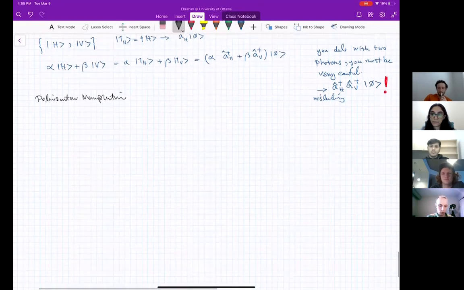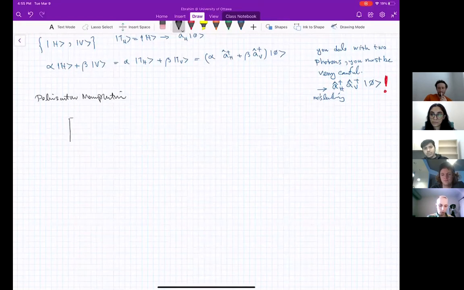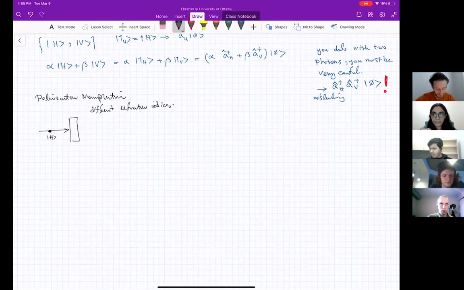Wave plates are essentially some material which has different refractive indices. It means that if polarization H is passing through, you will get a retardation. If polarization V is passing through, you will get a different retardation. The retardation is given by, let's say, gamma.